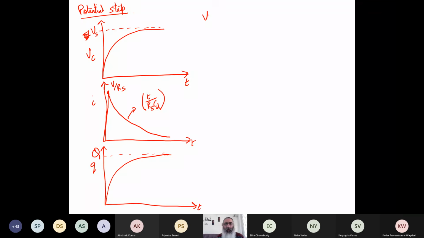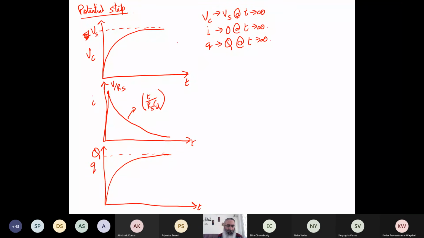So what we see is Vc is going to tend towards Vs as t tends to infinity. The current in the capacitor tends to zero as time tends to infinity, and the charge that is developed in the capacitor tends to some finite value Q as t tends to infinity.